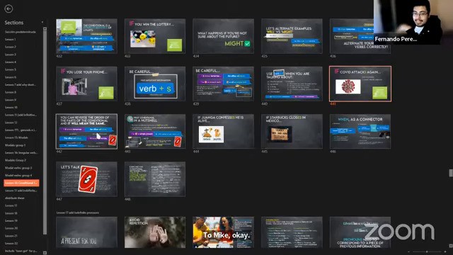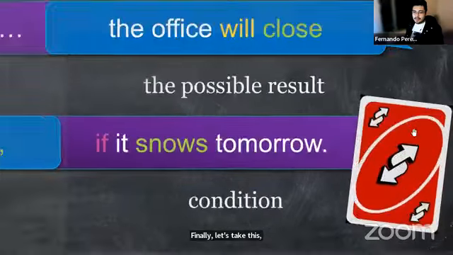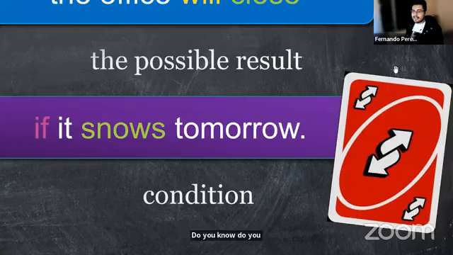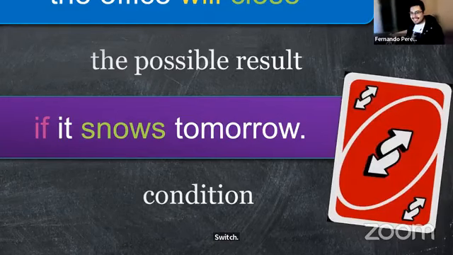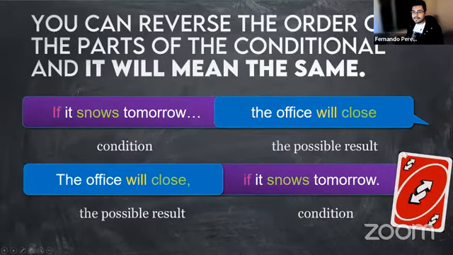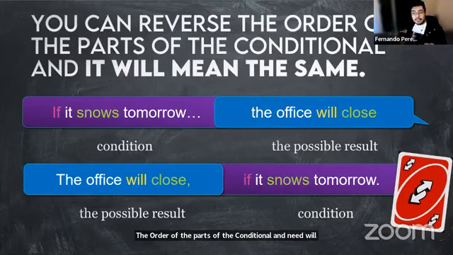Finally, let's take this part. Do you know this card? Switch. Exactly, the switch. Right? This switch is possible in the conditional. You can reverse the order of the parts of the conditional, and it will mean the same. Same meaning, the meaning is not affected.